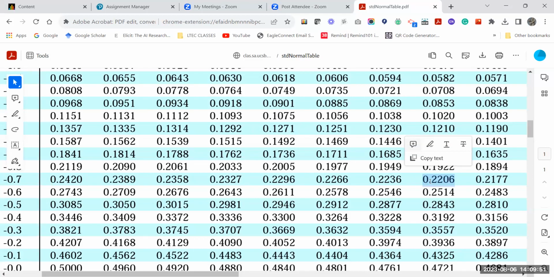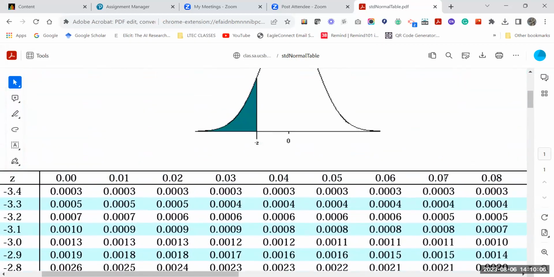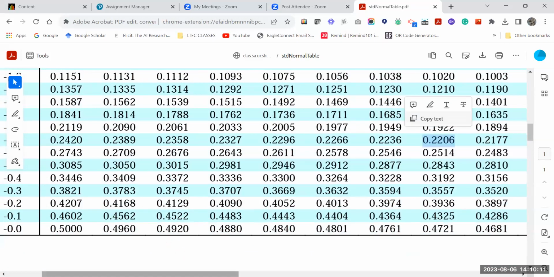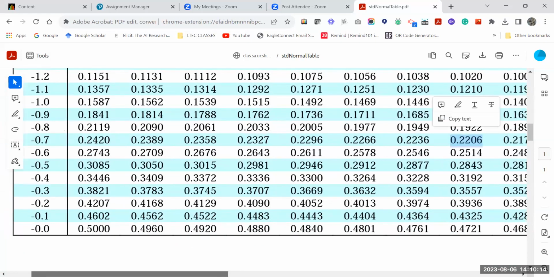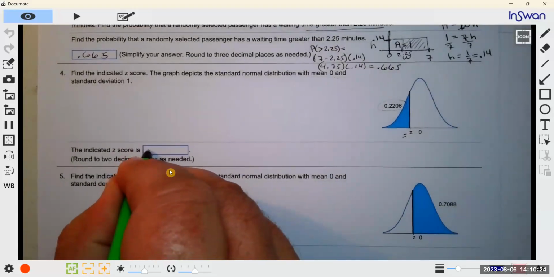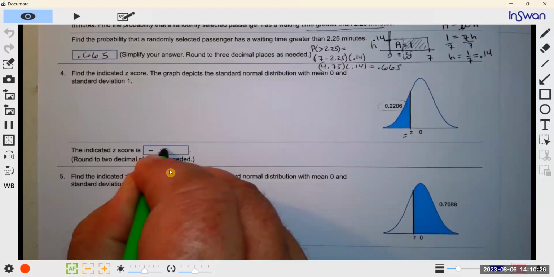So we see that it's on the negative 0.7. That's the first digit. The second digit goes all the way up here, and the second digit is 7. So it's negative 0.77. So this answer here is negative 0.77.